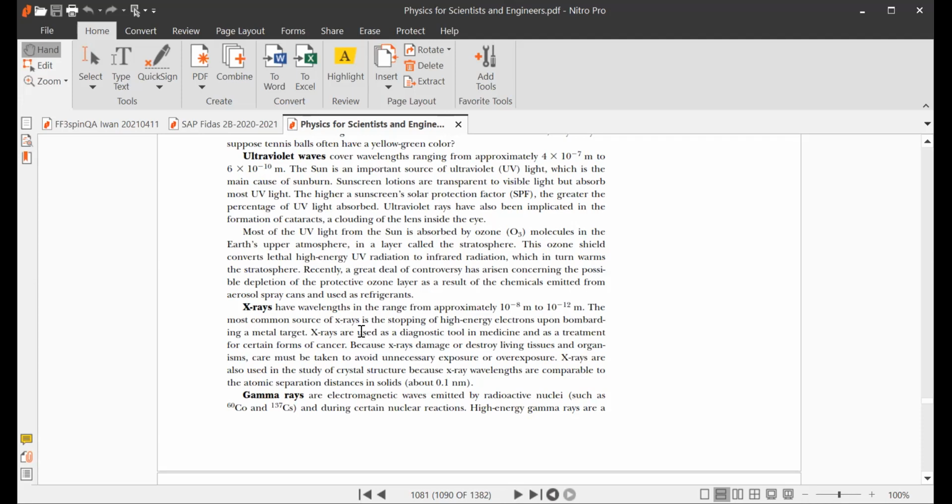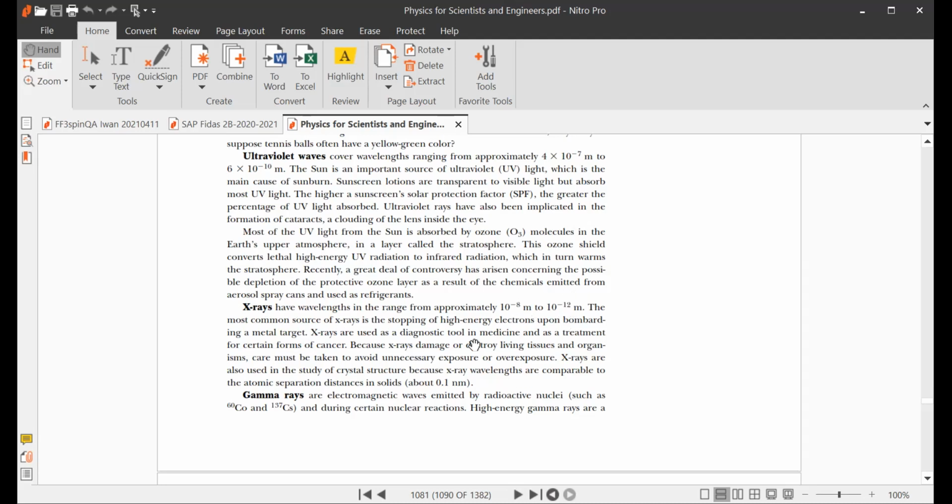X-rays come from high energy electrons bombarding a metal target, or from Bremsstrahlung, which means braking. When an electron travels at high velocity around the nucleus of an atom, the positive nucleus attracts the electron and makes it slower. Because the electron becomes slower, it has to emit a photon, and this photon is in the X-ray wavelength range.